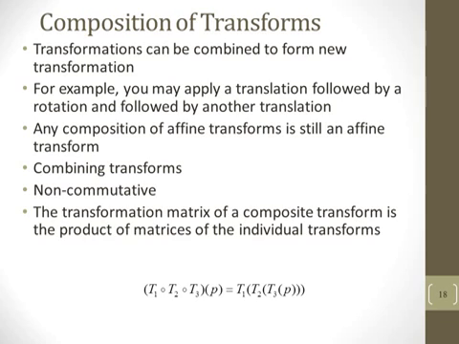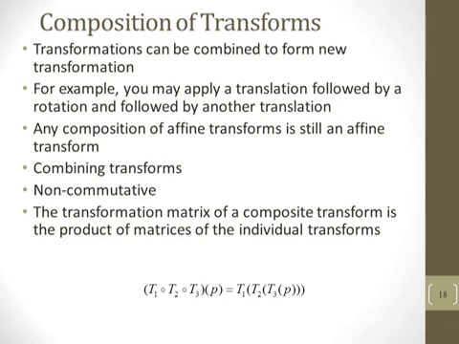For example, if M1, M2, and M3 are the matrices for the affine transforms T1, T2, T3 respectively, then the matrix for the composition T1 ∘ T2 ∘ T3 is M1 M2 M3. Note that the operation of transform composition is not commutative, so the order of applying the transforms is significant.